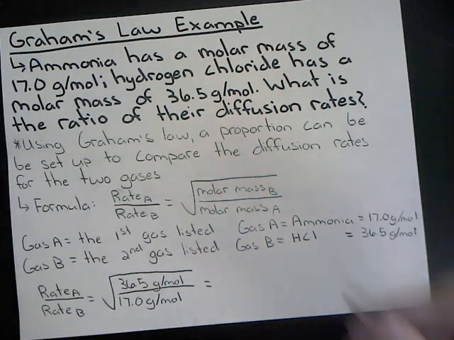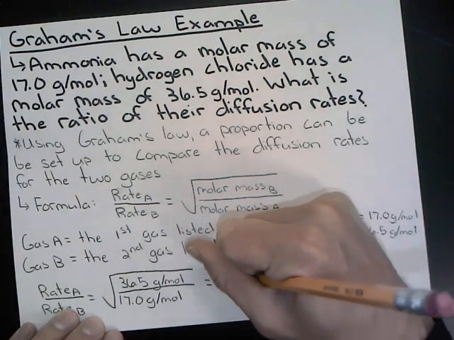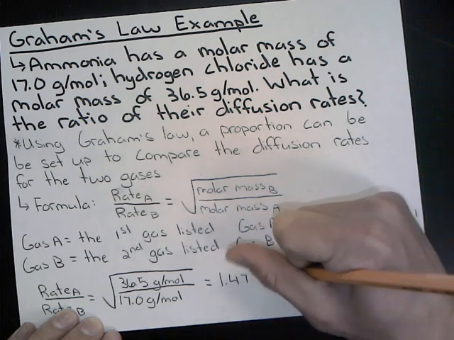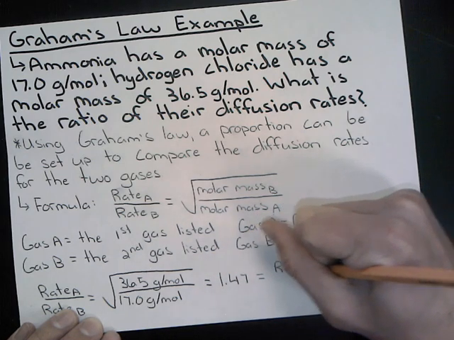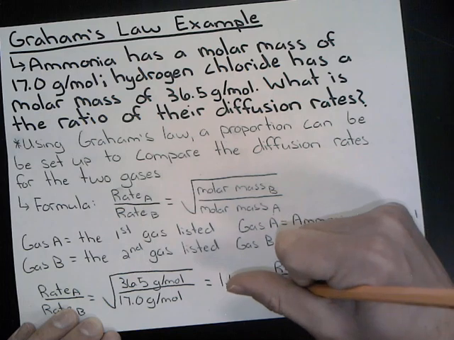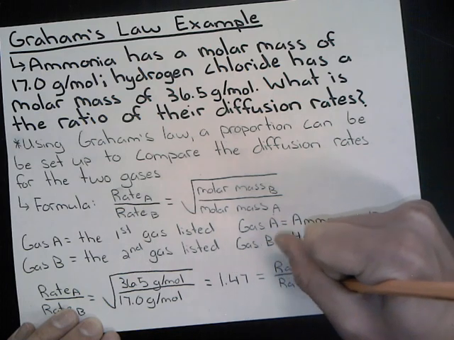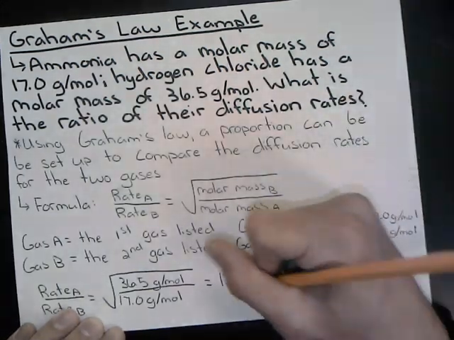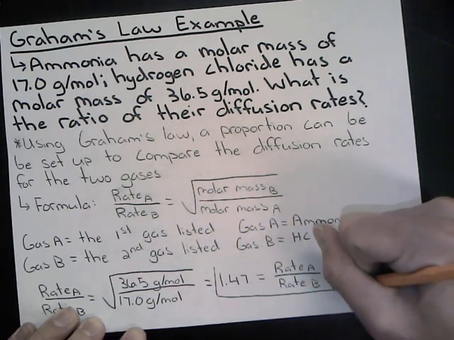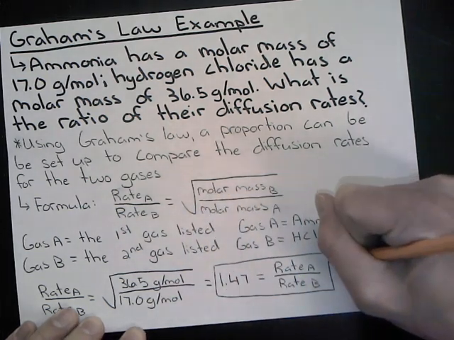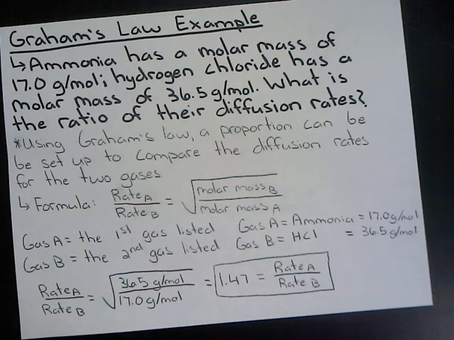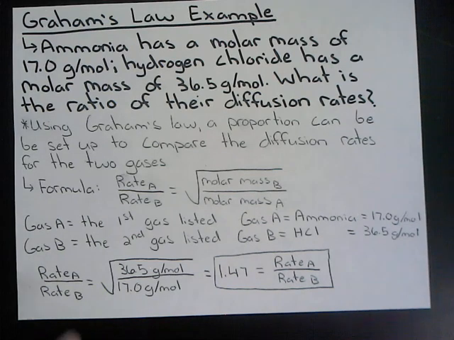This value of 1.47 is unitless because it is just comparing rate A to rate B in a ratio. Whenever it asks to compare the diffusion rates between these two gases, that is what you would calculate. The important thing for us is that the first gas listed is gas A. So gas A equals the first gas that is listed.